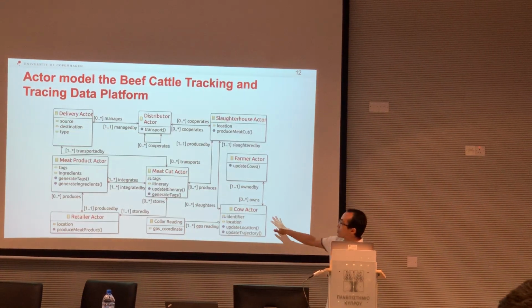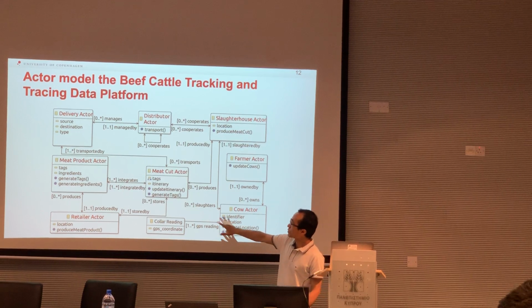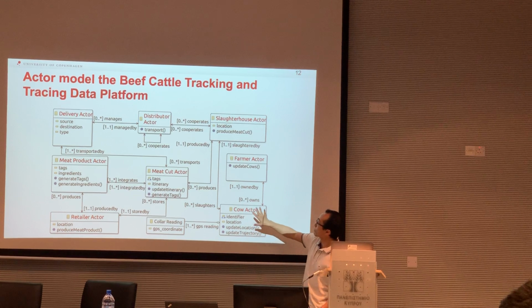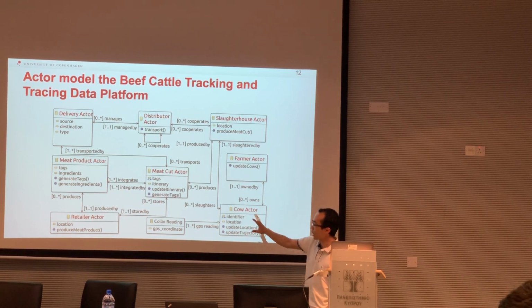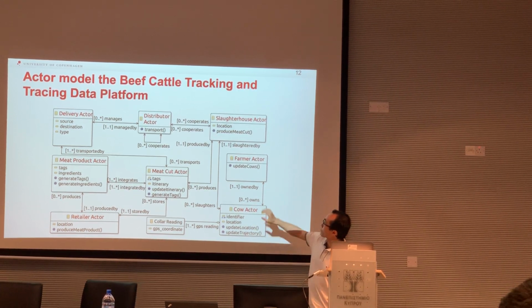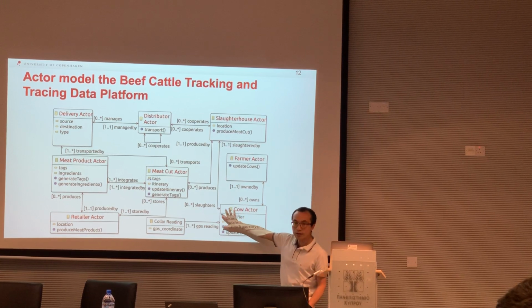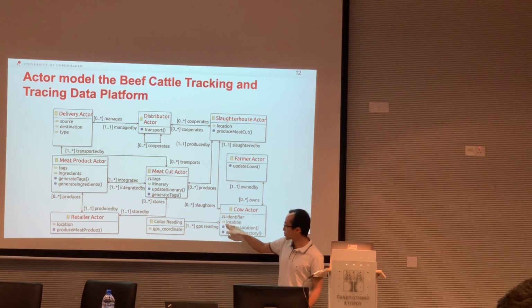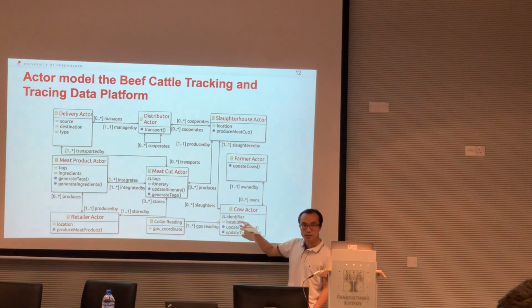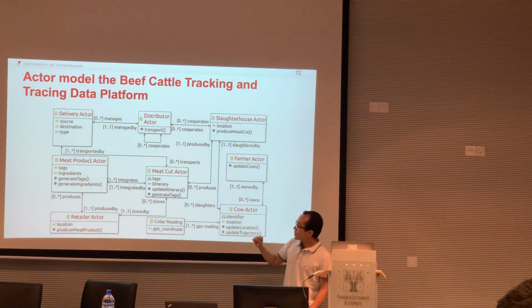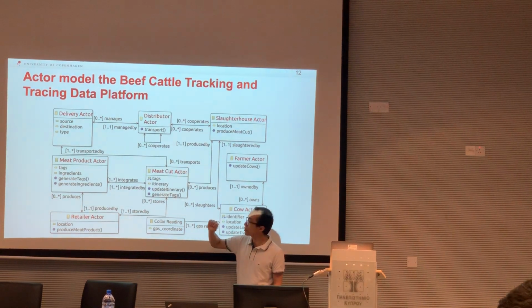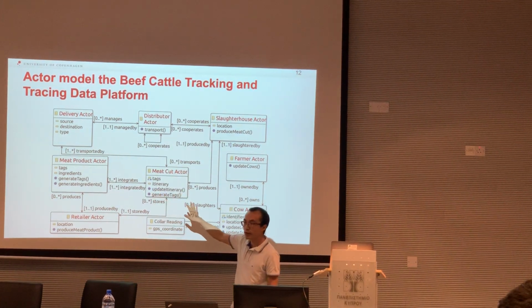For this case, the first model that we come up with has a number of types of actors. For example, you have the farmer actor, and the cow actor providing location services, that receives the collar readings and stores them locally, encapsulated into the cow actor. And in this first model, we model the meat cut as an actor.